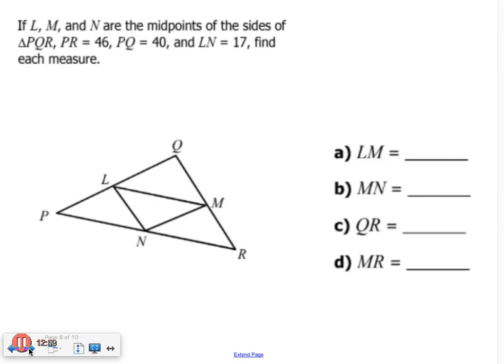All right, so let's try this example here. Let's just label everything they give us, okay? So we're given our triangle, and we're told that PR is 46. PQ is 40.